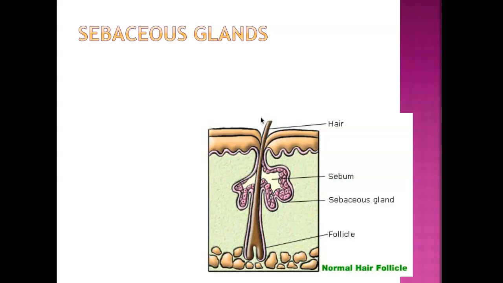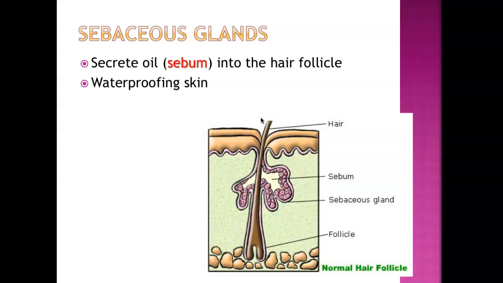All right. The sebaceous glands. The sebaceous glands are going to secrete oil, also known as sebum, into the hair follicle. The purpose of that is for keeping the skin really hydrated and waterproofed.